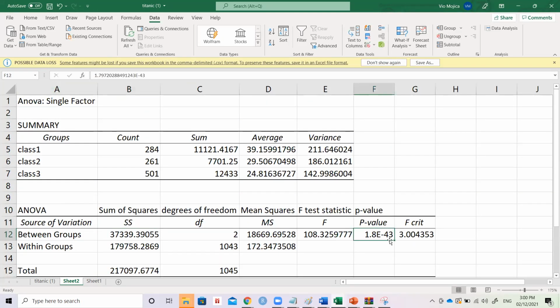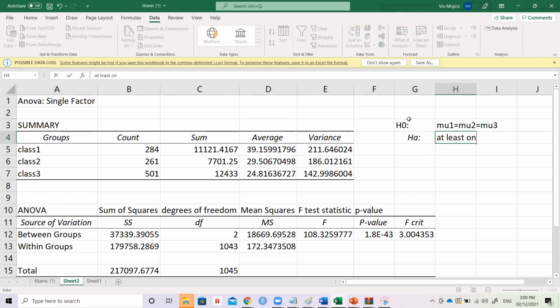The p-value is very small, 1.8 times 10 to the negative 43. You remember our H0 and HA. H null is mu1 is equal to mu2 is equal to mu3. HA is at least one mu is different.